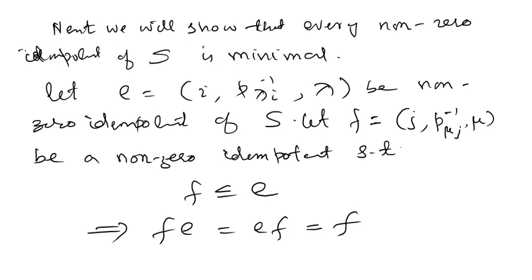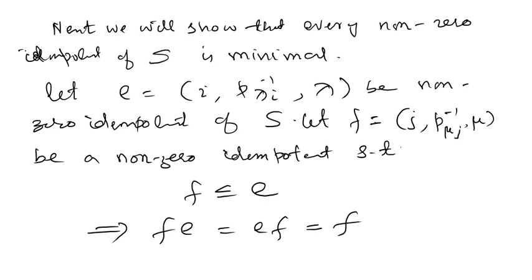So we show that E is equal to F. हम प्रूव करेंगे F E के बराबर ही है. तो इसके लिए हम ये प्रोडक्ट चेक करेंगे. We will see the product and we will see that this product is equal to actually F. It's equal to F. So let's apply this.